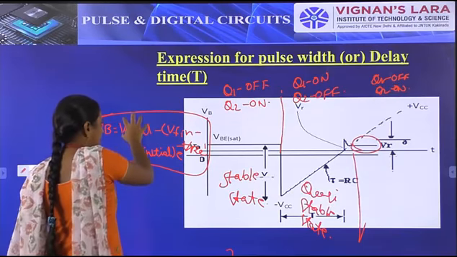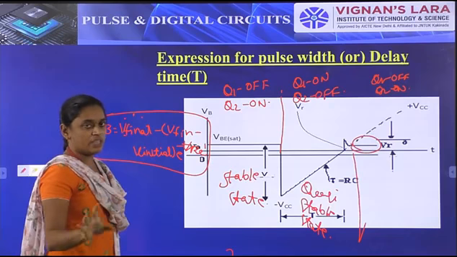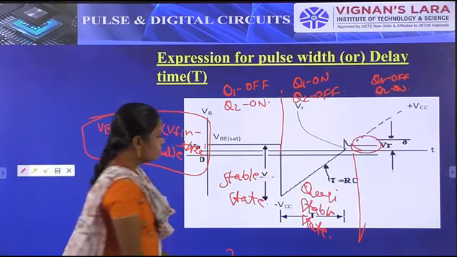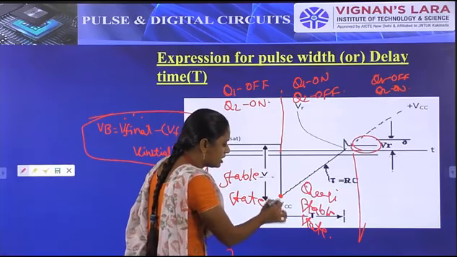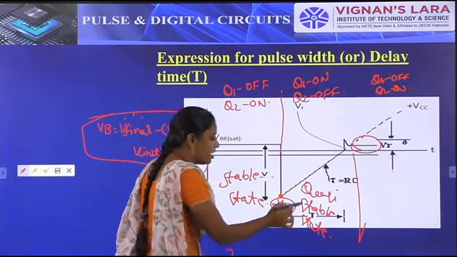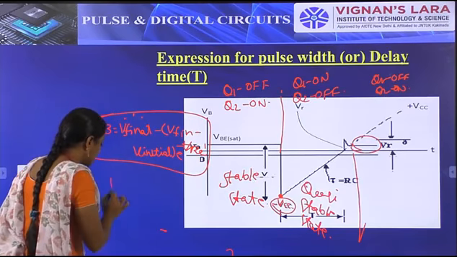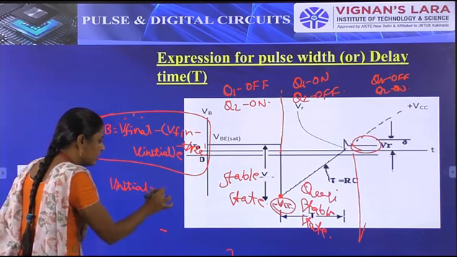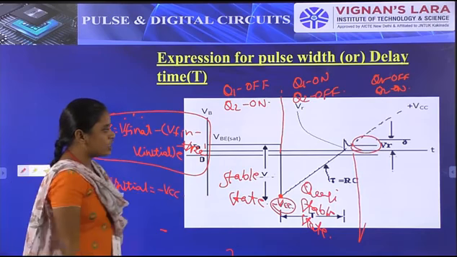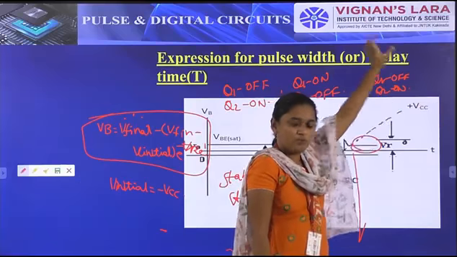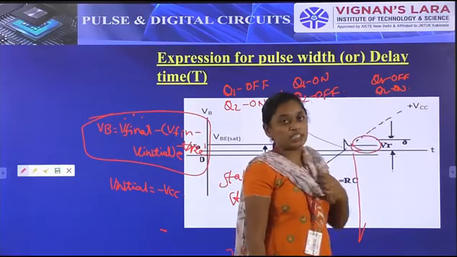Just to check what V final and V initial are here. Where it starts discharging, the initial value is minus VCC, so V initial is equal to minus VCC. And V final: it actually charges up toward the maximum level of the capacitor, that is VCC.